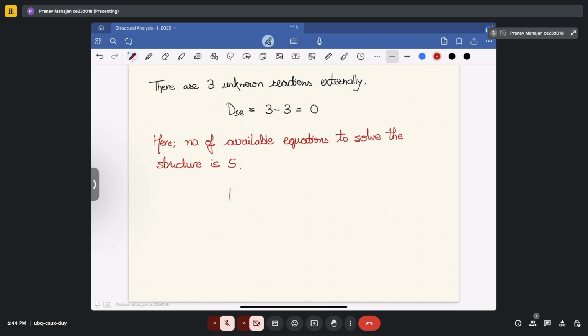So your internal indeterminacy will become equal to 3 minus 5 equal to minus 2.